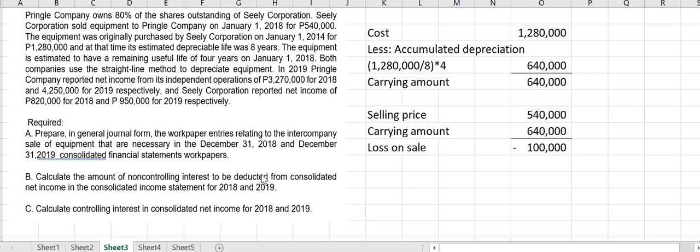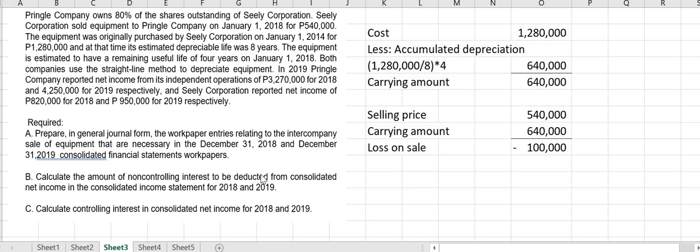Both companies use the straight line method to depreciate equipment. Pringle Company reported net income for its independent operations of 3,270,000 for 2018 and 4,250,000 for 2019 respectively. And Sealy Corporation reported net income of 820,000 for 2018 and 950,000 for 2019 respectively.